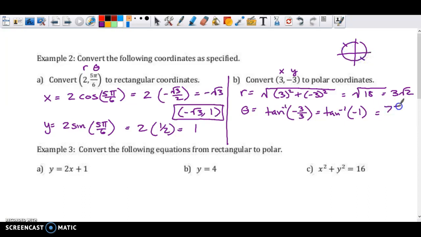Now, I'm going to pick 7 pi over 4, because that's down here, and if you look at where the other coordinate point is, your radius is positive, so that means I have to be on this side, okay?